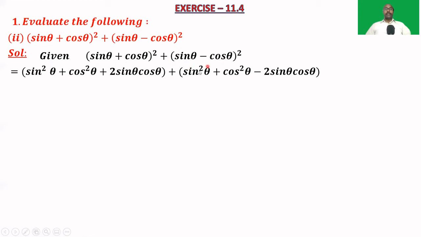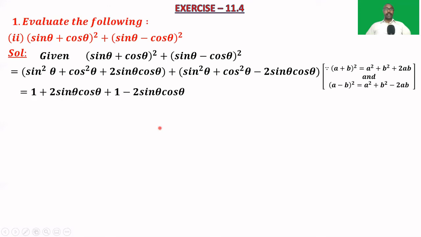And in this bracket also we get a minus b whole square form. That is sin square theta plus cos square theta minus 2 sin theta cos theta. Here are the reasons. Now again we have sin square theta plus cos square theta is equal to 1. So in these two brackets we can substitute 1 in place of sin square theta plus cos square theta.